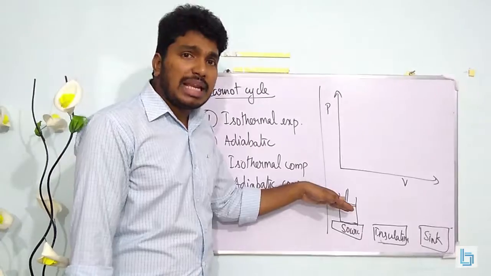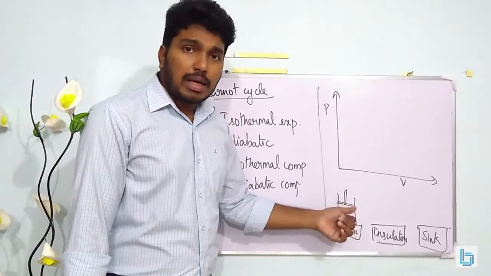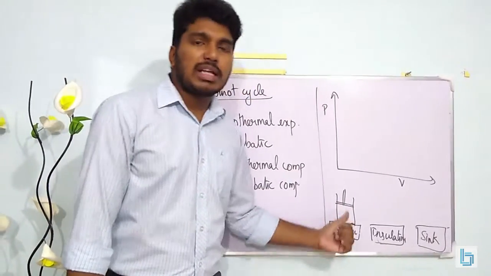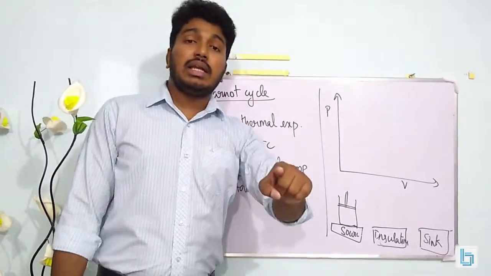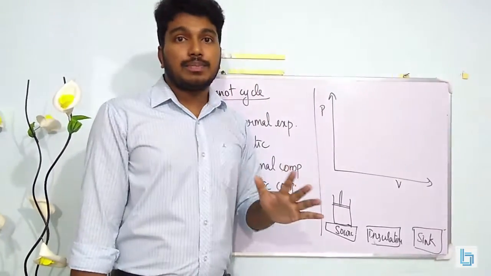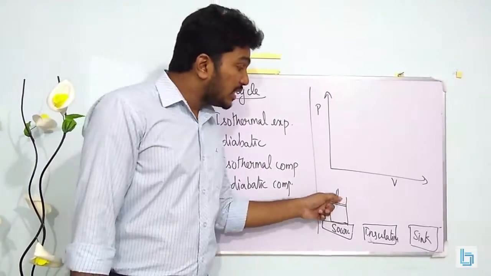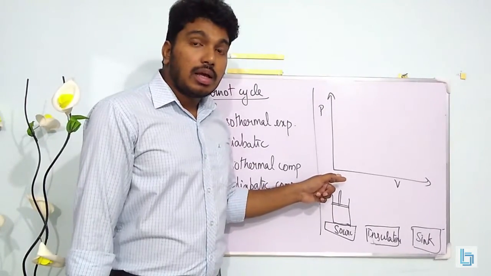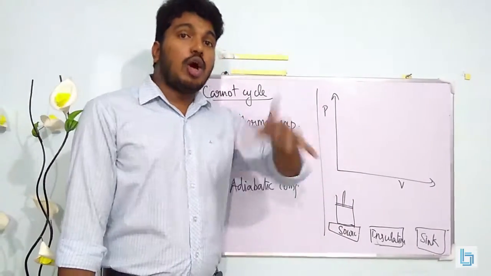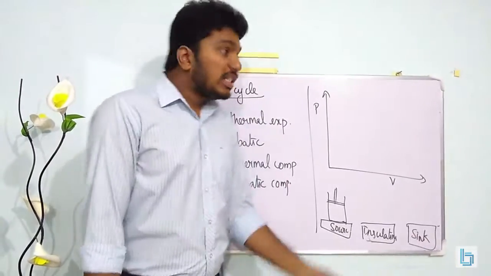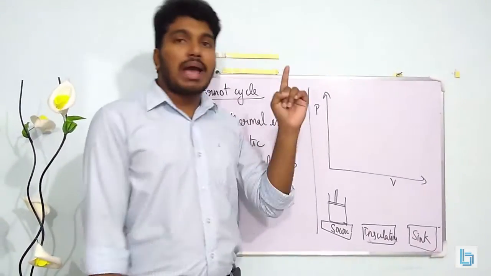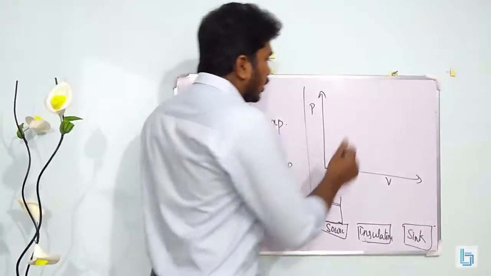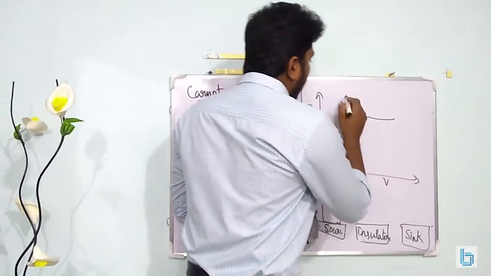If the volume was remaining constant, because of the input heat provided by the source, there would have been an increase in the temperature. But by ensuring that the piston moves up, the increase in temperature will be compensated for, and therefore there will be an isothermal expansion taking place there. So first step, it is an isothermal expansion.